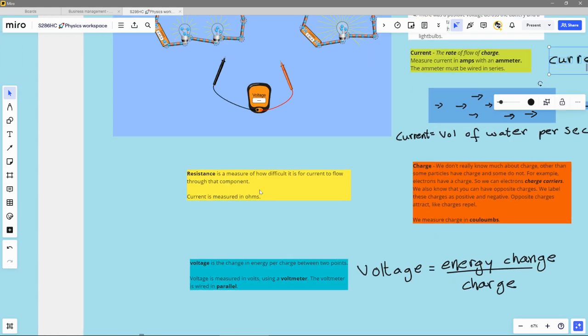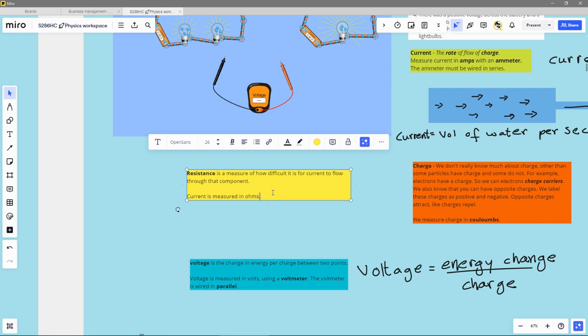So now coming back to resistance, we can actually say that 1 ohm is, so again, if a component has a resistance of 1 ohm, it would require a voltage of 1 volt to produce a current of 1 amp.